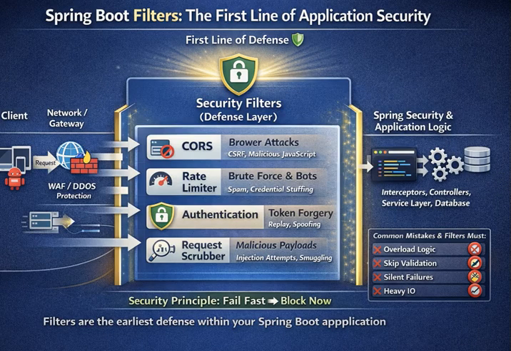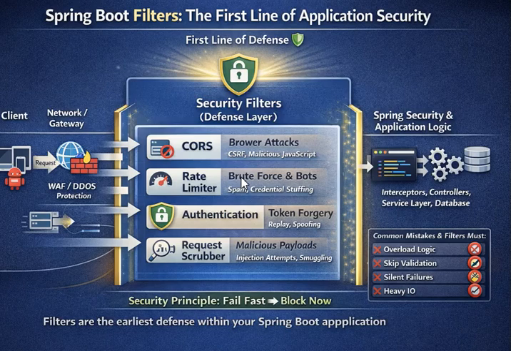Let's look at the core security responsibilities for a filter as outlined in this diagram. The first one is CORS, which protects browser users from malicious websites. For example, if a fake website tries to call your API using JavaScript, without CORS the browser allows it, but with CORS the browser blocks it.